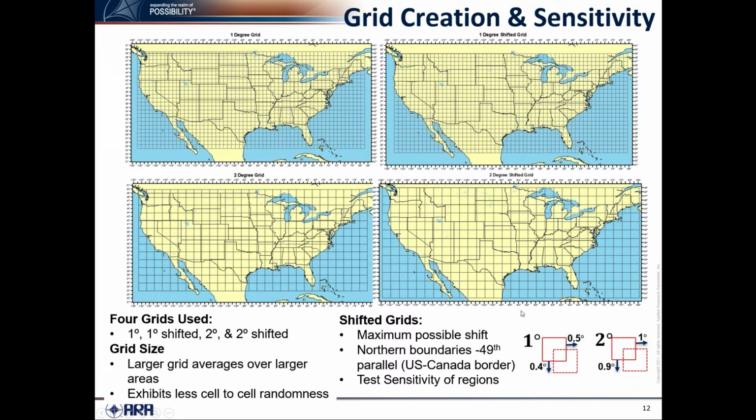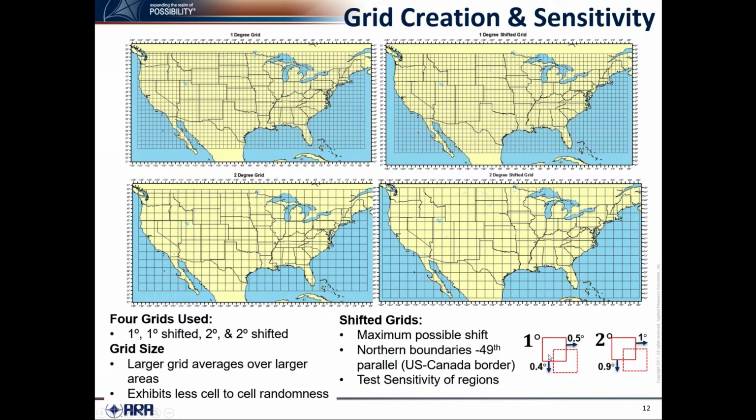We also worked with shifting the grids, like we see here on the bottom right, because if we develop climatology regions that have certain boundaries, we don't want this arbitrary issue of where we started our grid to have an effect. So we looked at basically 4 different possible grids. And for a lot of the analysis that we did, we looked at results on 4 different grid sizes when we count tornadoes in different grid cells and those sorts of things.